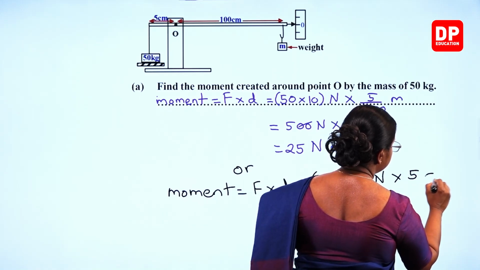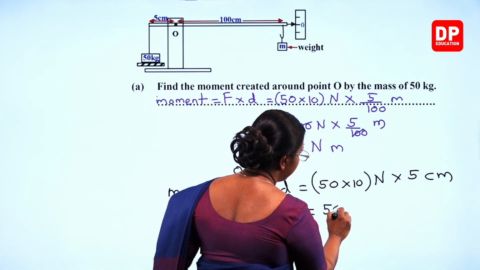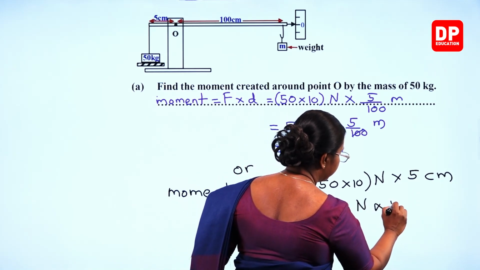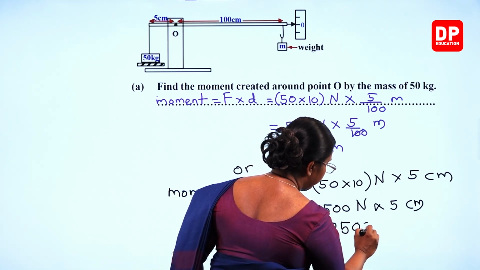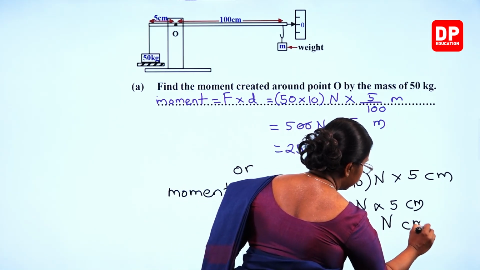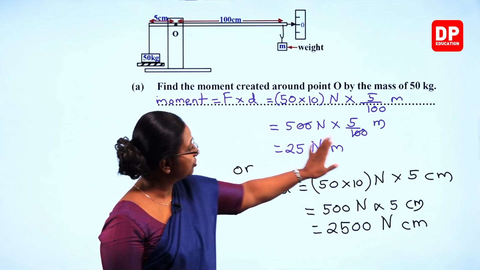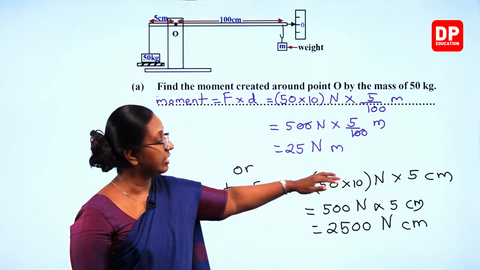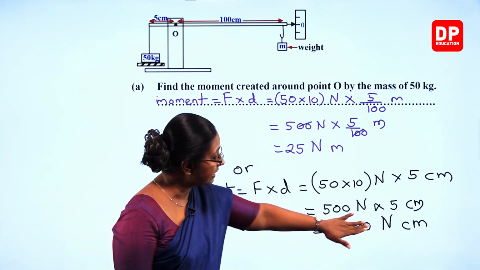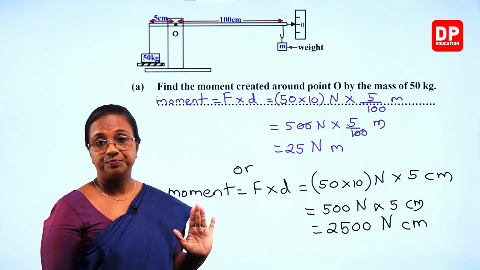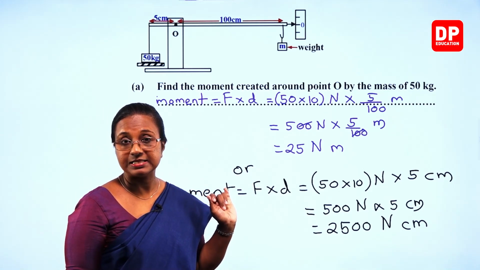So 5 centimeters. So that is going to be 500 Newton into 5 centimeters. That is 2500 Newton centimeters. Like that also you can keep. Normally you are used to this method because we use the standard units, force Newton and distance meters. But you can give the answer this way as well. Is that clear, students? So with that, I'll move on to the next.